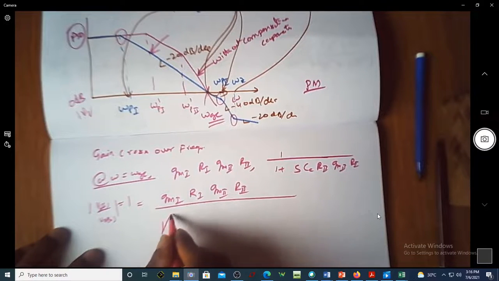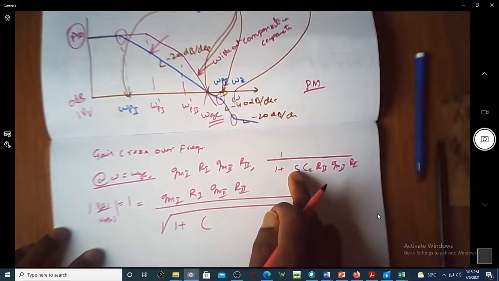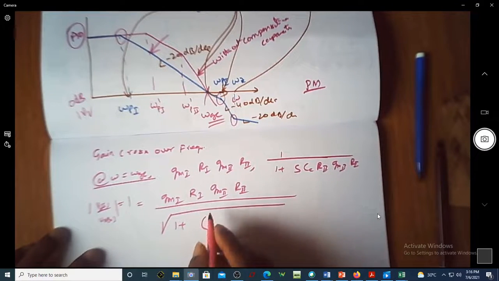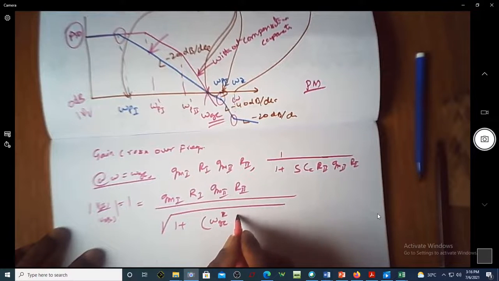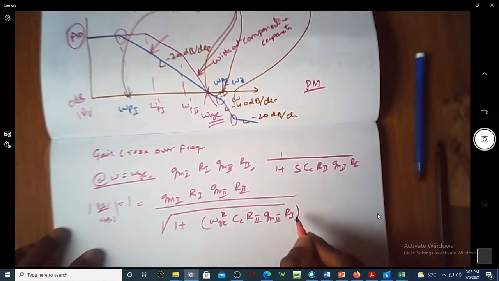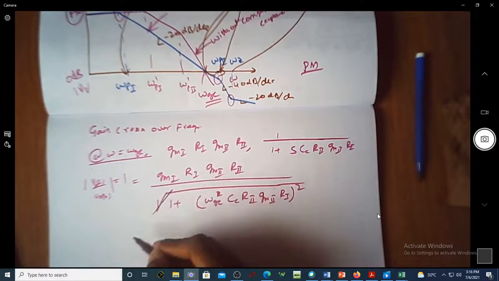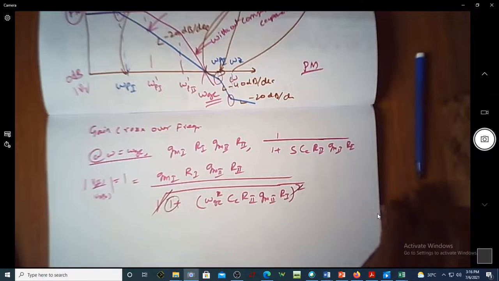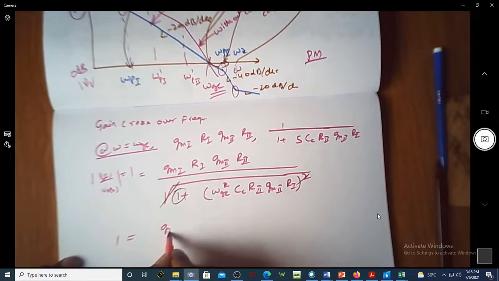The magnitude is the square root of 1 plus, since it is j omega, omega GC times CC R2 GM2 R1, whole square under root. You can certainly take out this square root, because this term is negligible compared to this quantity, so that now you can write 1 is equal to GM1.